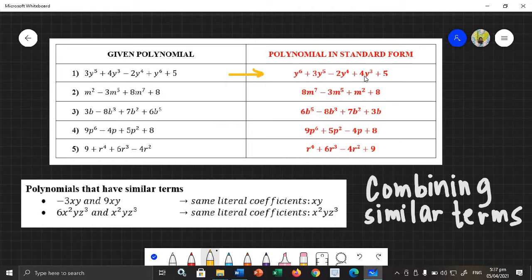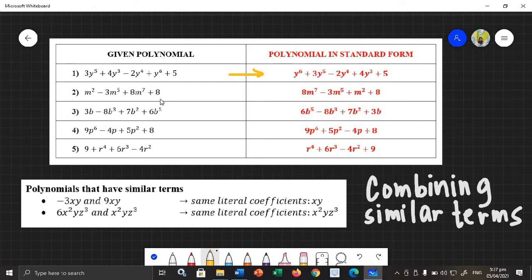And then we have 4y raised to the 3rd power, until the very last, the constant. Okay? The constant number should be the very last, if there is a constant in the given. But if there is none, it's fine. You are just going to arrange the exponents into descending order.